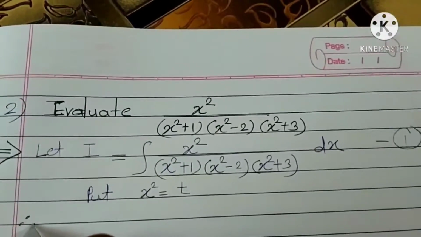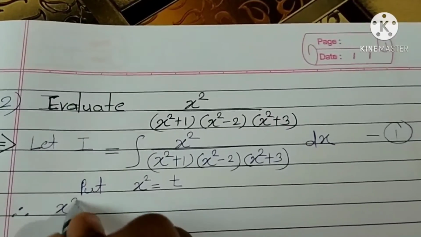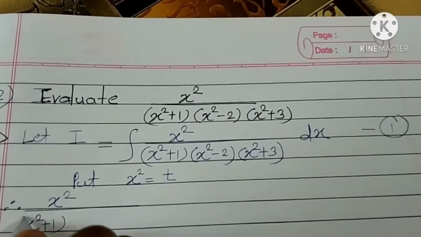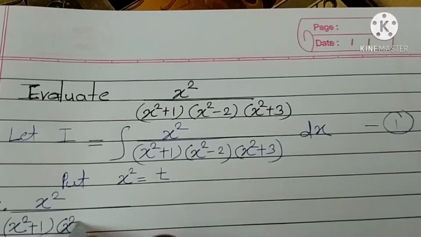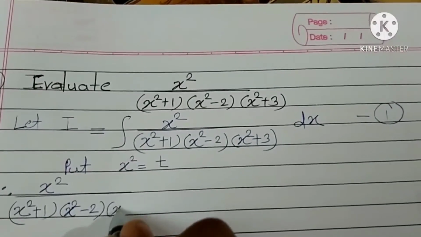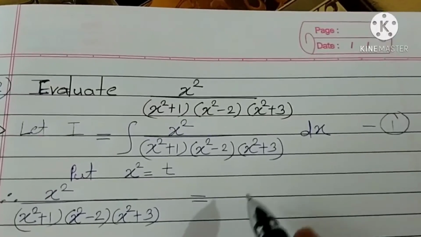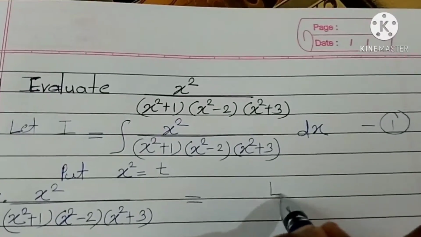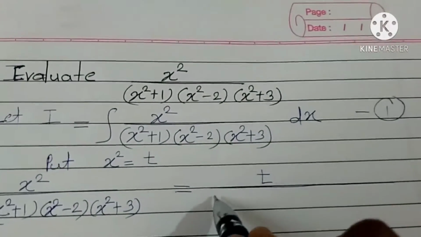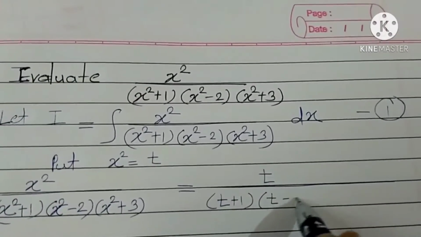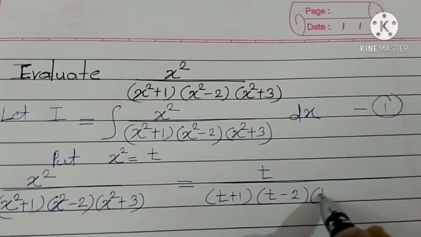So therefore it will be like that, x square upon (x square plus 1)(x square minus 2)(x square plus 3), which is equal to, now instead of x square we put here t, so this is t upon (t plus 1)(t minus 2)(t plus 3).